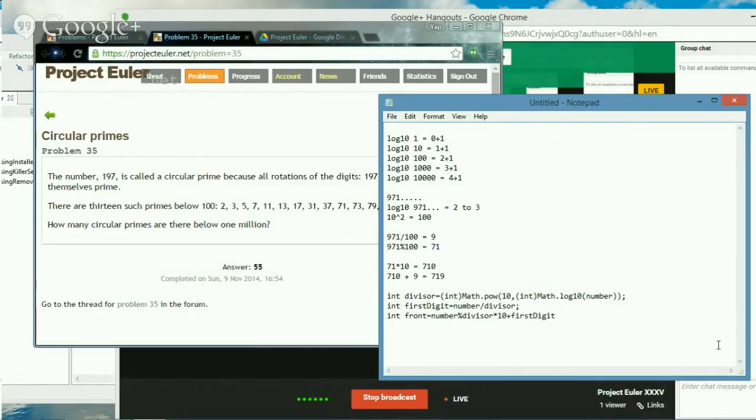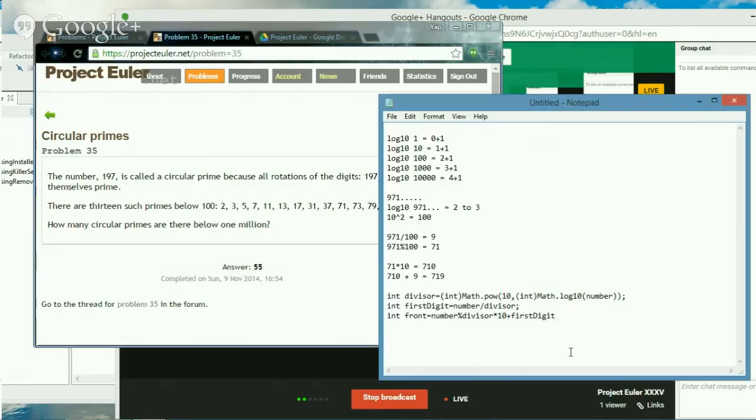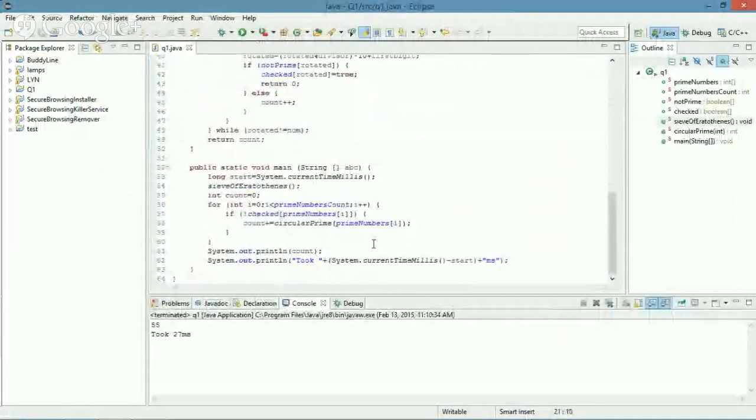So basically the formula is like this. So after knowing this operation, the problem can be solved easily. So let's see the code here.